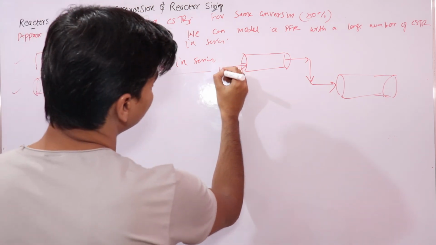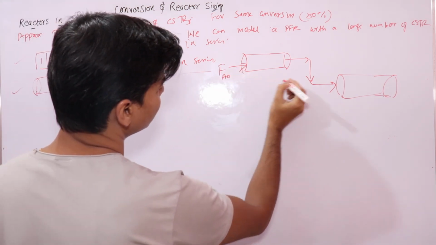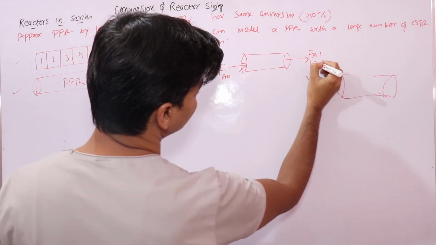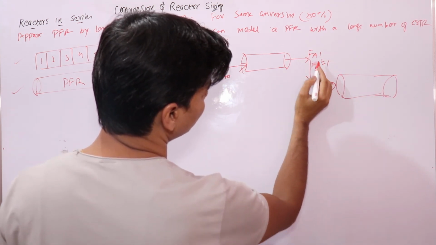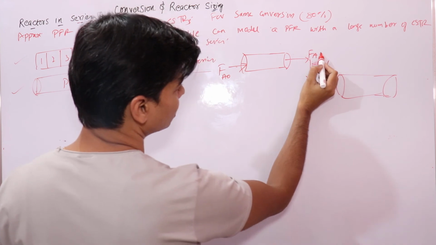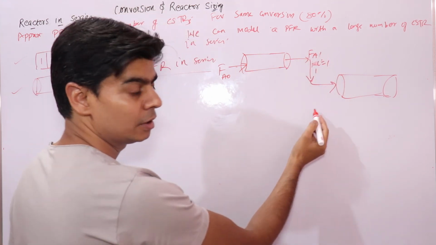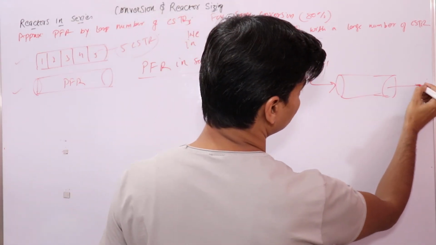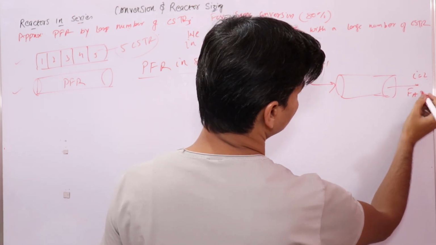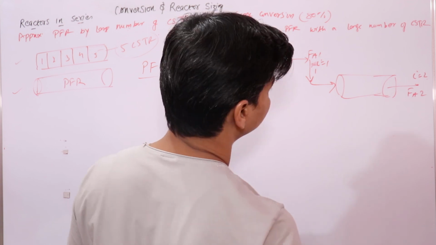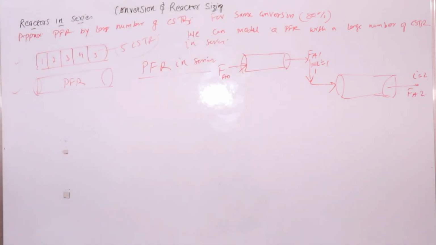We will be finding the same as we did earlier: FA0, FA1 at i equals 1. What is coming out of the first will be fed to the second reactor, FA2 at i equals 2.